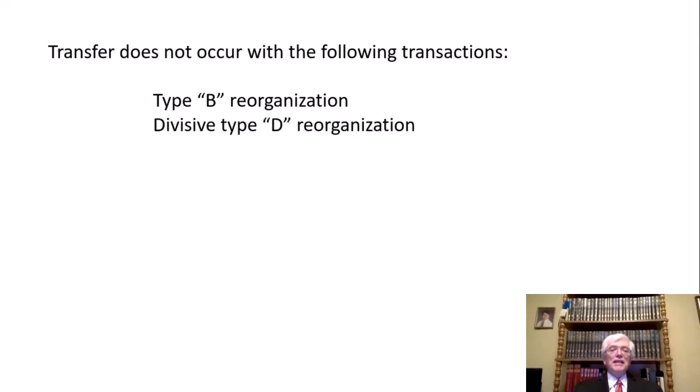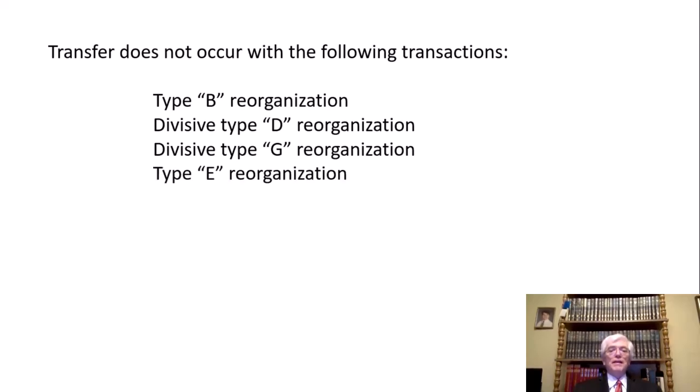A divisive D, also, there's no transfer because you wouldn't know which of the brand new entities to transfer the attributes to. You don't divide them up, so therefore, they don't transfer. Same thing with a divisive G for exactly the same reason. You don't know which of the surviving entities you would transfer the attributes to.